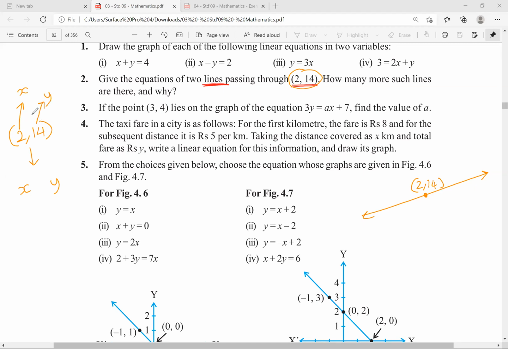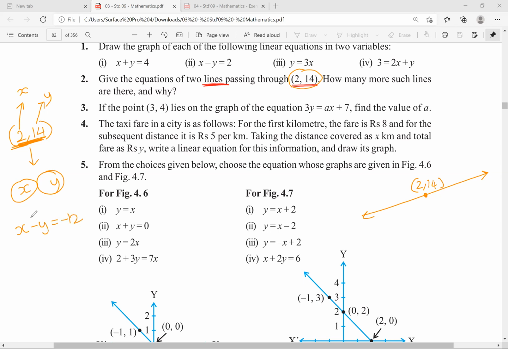Now can you form an equation in such a way that this point will satisfy that equation? This value will fit into that equation. Ma'am, x minus y is equal to minus 12. Very good. Okay, x minus y is equal to minus 12.